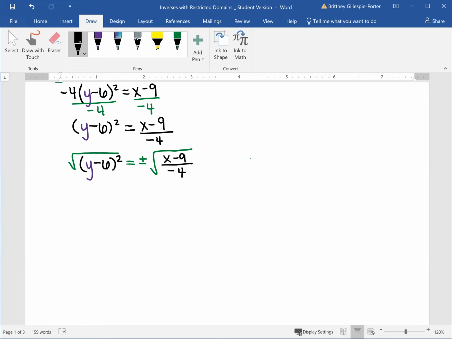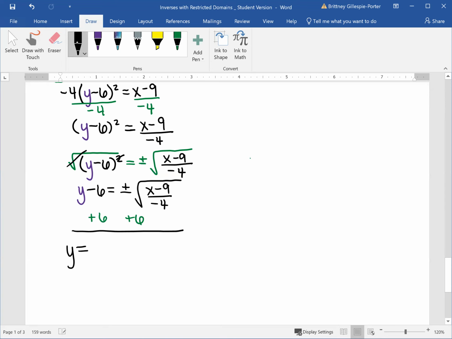And the whole reason we're doing this is to get rid of the square. So now we're at y minus 6 is equal to plus or minus the square root of (x minus 9) all over -4. And we need to add 6 to both sides to get y by itself.